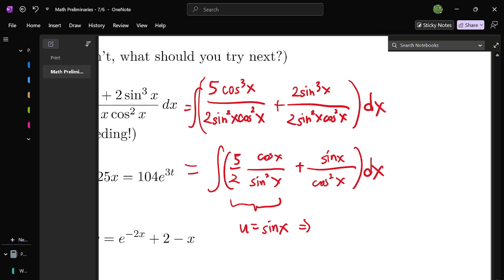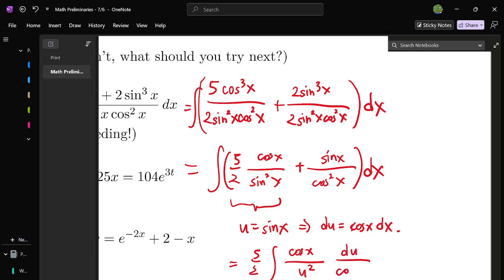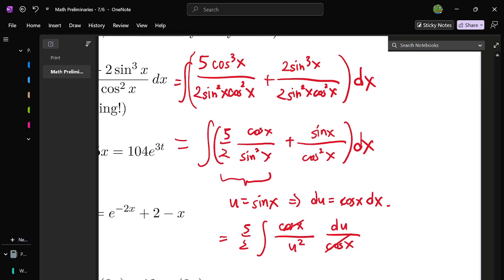The reason I do this is because I want to cancel out the cosine x at the top. And nicely, we have this, which cancels the cosine x.